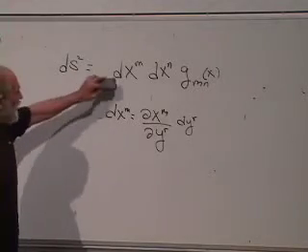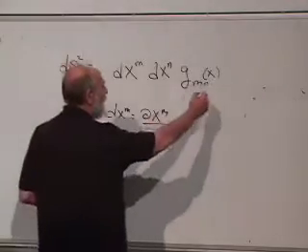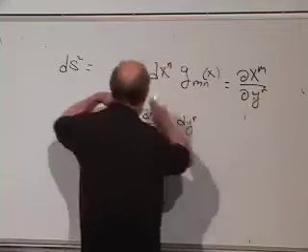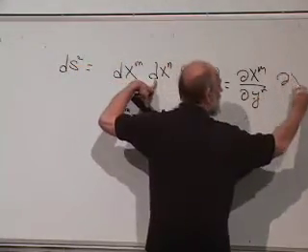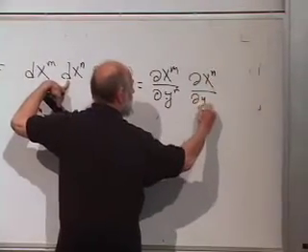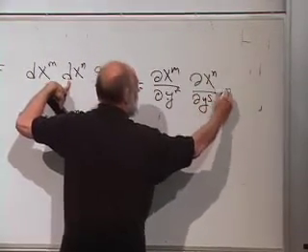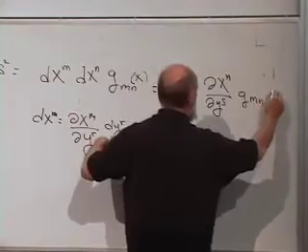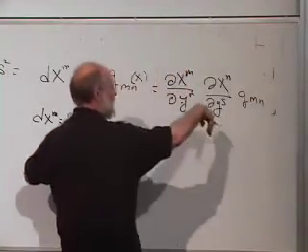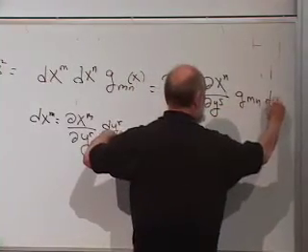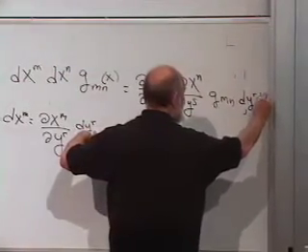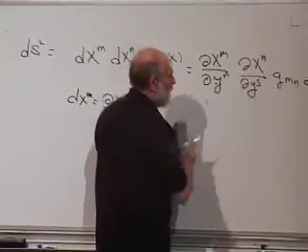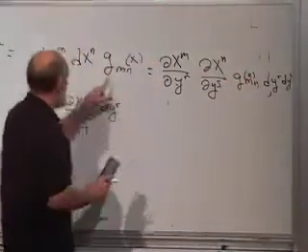If I plug that in for both dxm and dxn, I'll find the derivative of xm with respect to yr, that's for this one, then dxn by dys, times gmn times dyr dys. Here's gmn of x, that's still there.